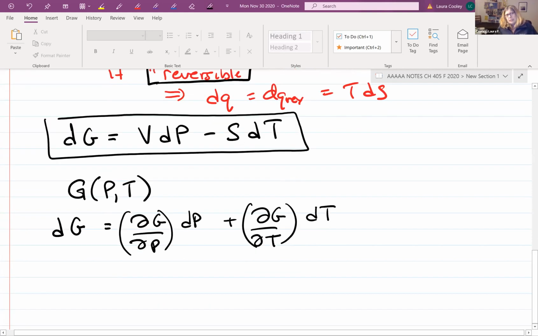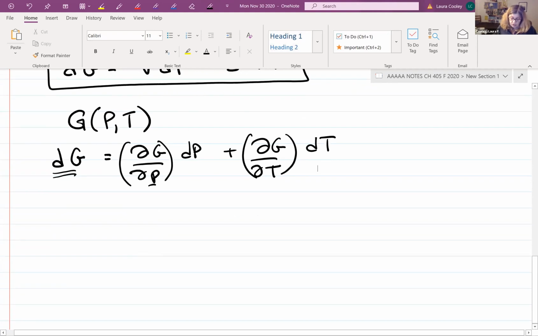And that this is a completely general expression, right? I'm not telling you what dG/dP is equal to here. I'm just saying that if you have a function of two variables, the change in that function is how that function varies with P, the first variable, times a change in that variable, plus how that function varies with the second variable, T, times a change in that variable. This is stuff we talked about at the very beginning of the semester.